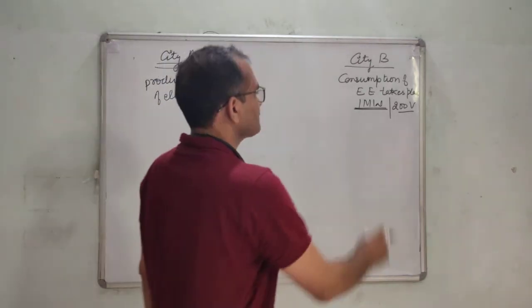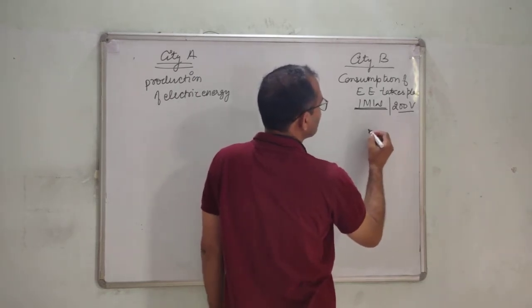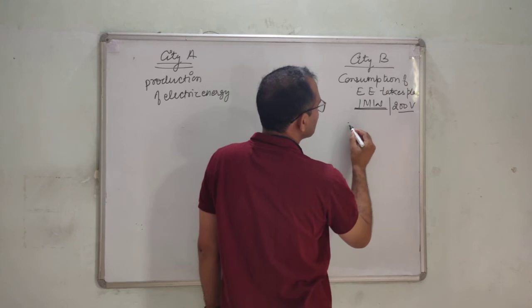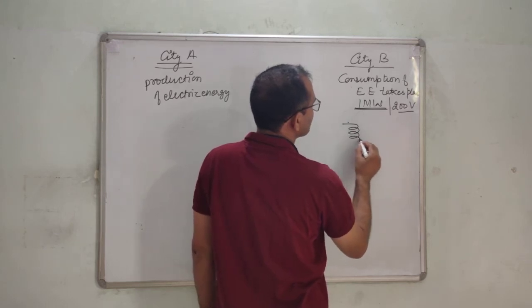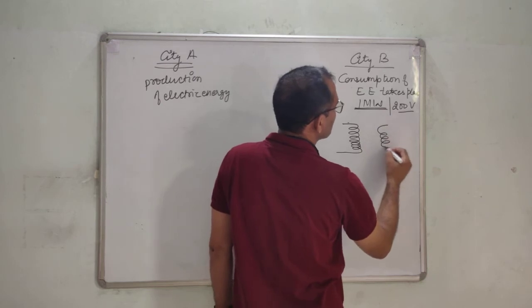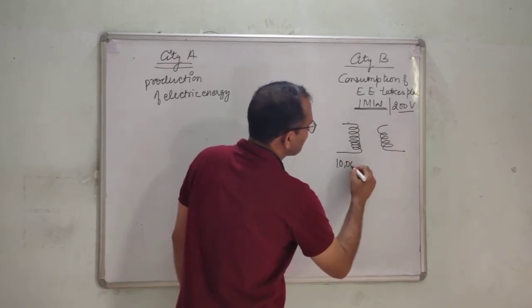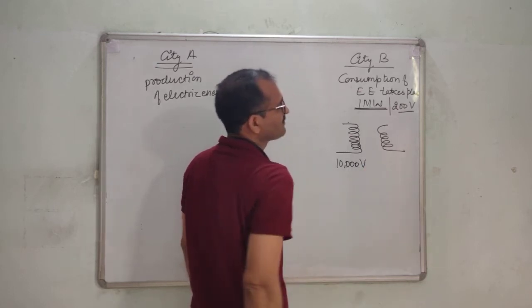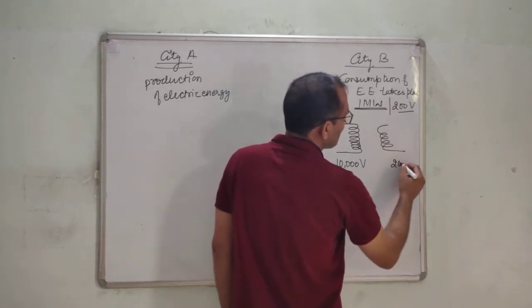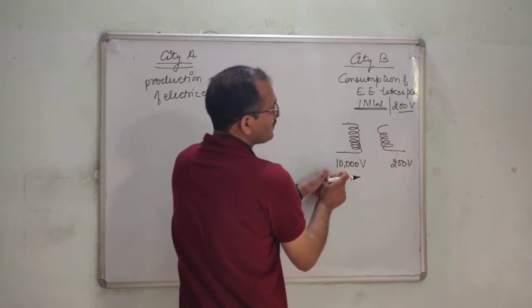Therefore, let me assume that here is a transformer which receives energy at 10,000 volts and converts it into 200 volts. The energy is received at 10,000 volts.